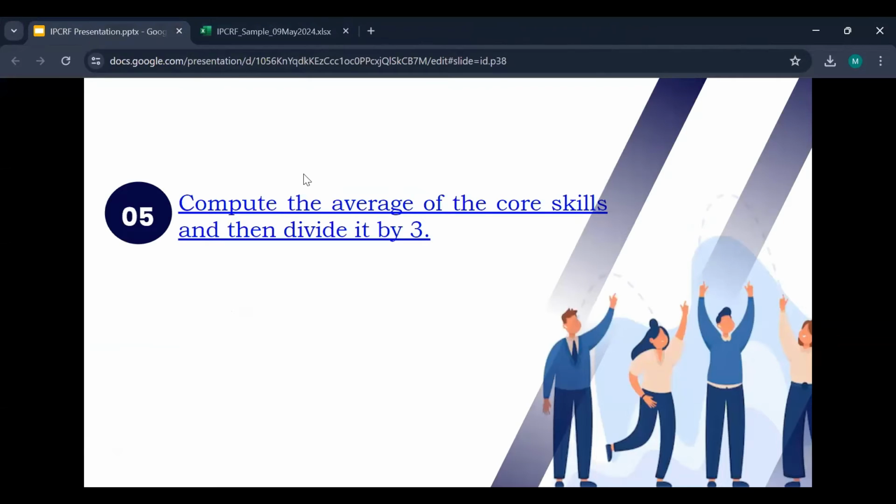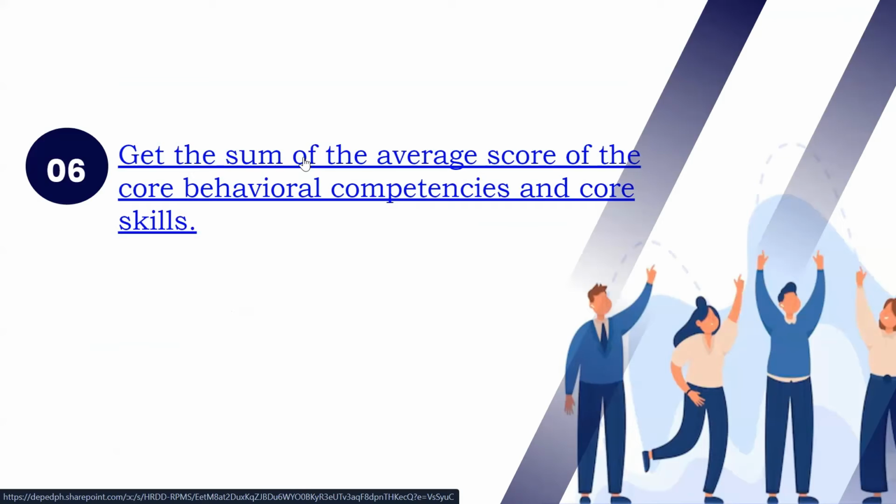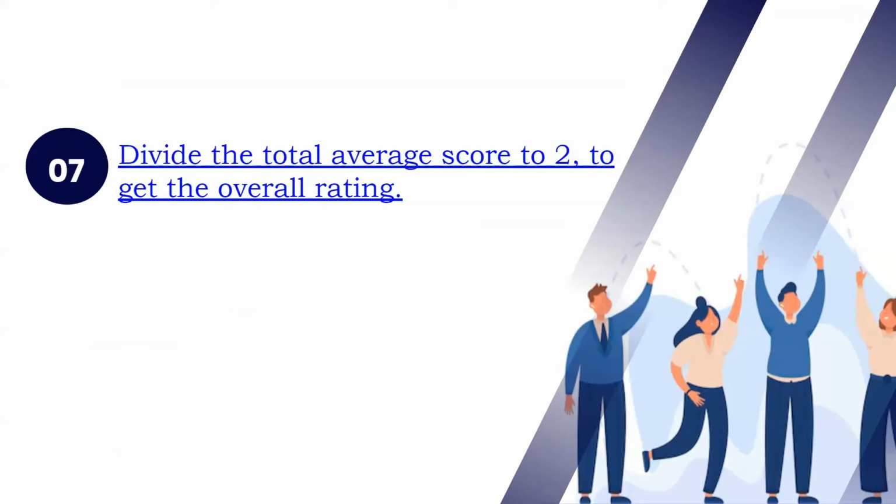After which, let's proceed to step 6. Get the sum of the average score of core behavioral competencies and core skills. Step 7, divide the total average score by 2 to get the overall rating.